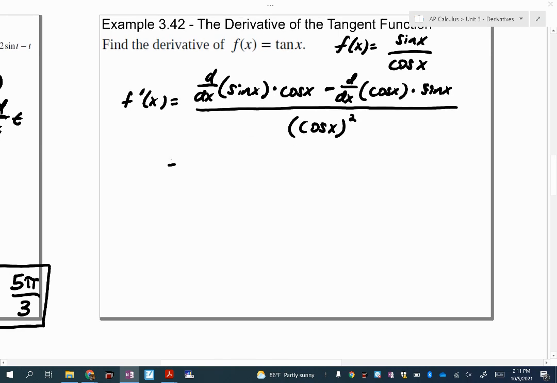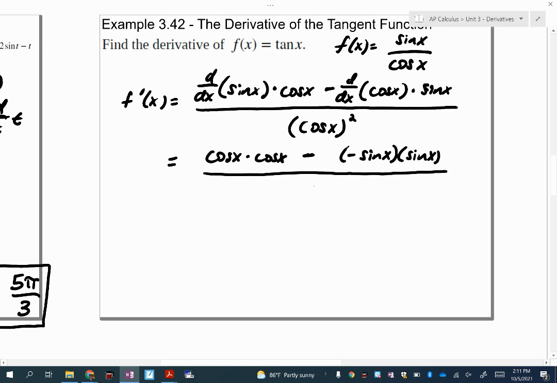The derivative of sine is cosine, so that's cosine of x times cosine of x. The derivative of cosine of x is the opposite of sine of x, so I'm going to write negative sine of x times sine of x, all over cosine squared x.